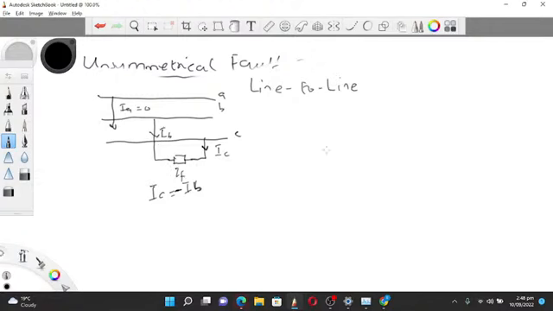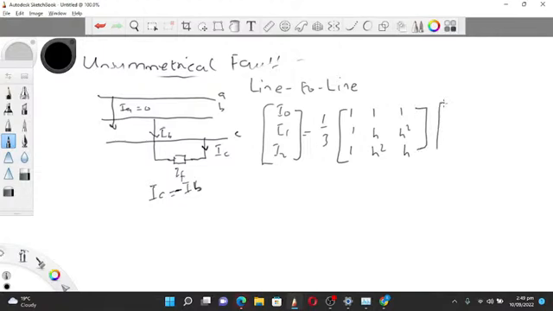Very, very simple. So if we want our symmetrical components from here, it's equal to 1/3 of 1, 1, 1, 1 h squared, 1 h squared h, times IA, which we know as 0, IB, and IC, which we know as negative IB.